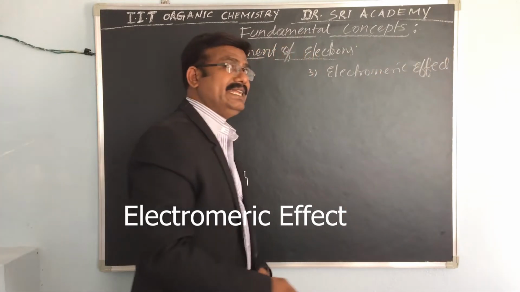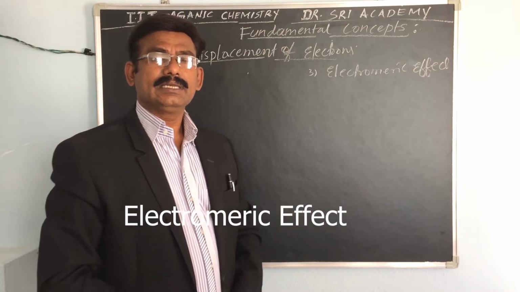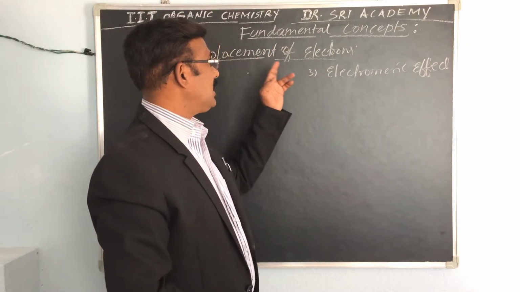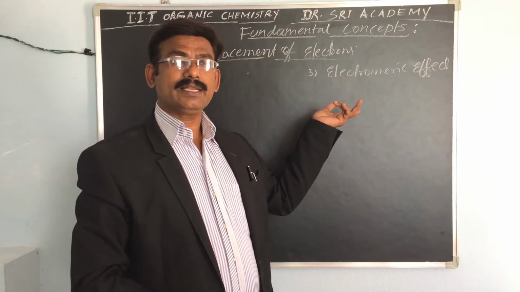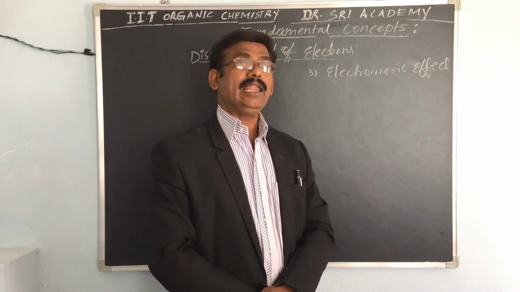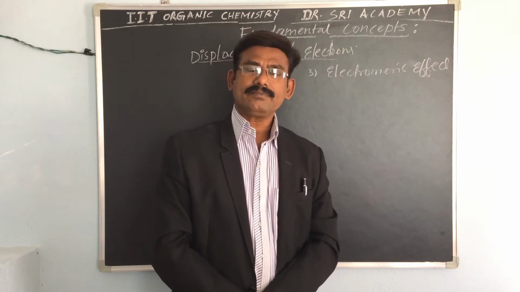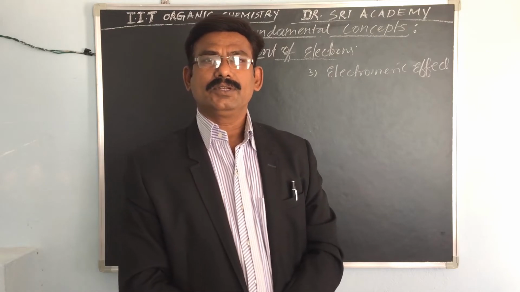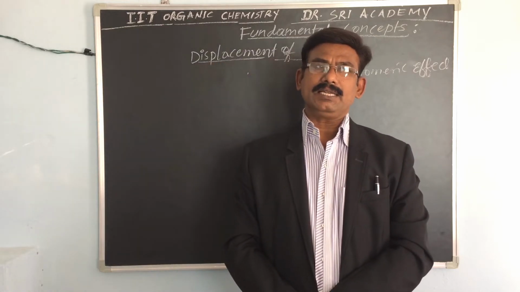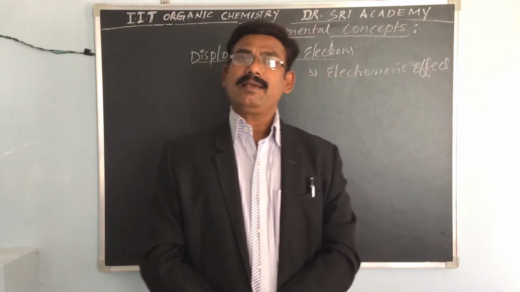The first one is the inductive effect. Second, displacement of electron is the resonance effect or mesomeric effect. Third is the electromagnetic effect, and fourth one is hyperconjugation. So these are very important for writing mechanisms.